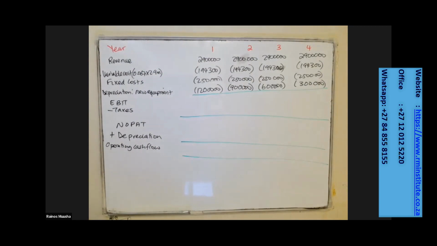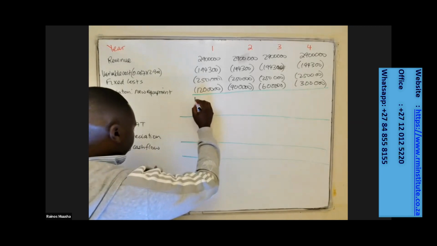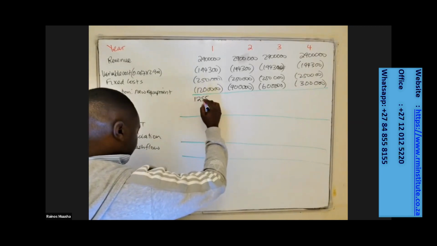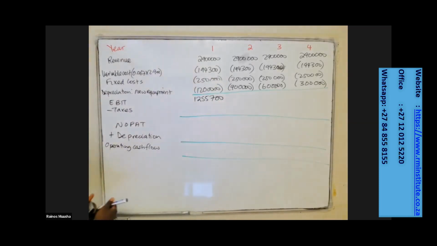So from the information that we have, we are given that the taxes are at a tax rate of 29%. So if that is the case, it would mean if we have 2.9 million minus... this would give us a figure of 1,255,700.